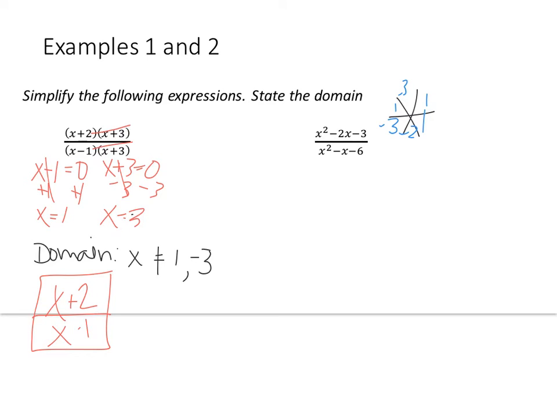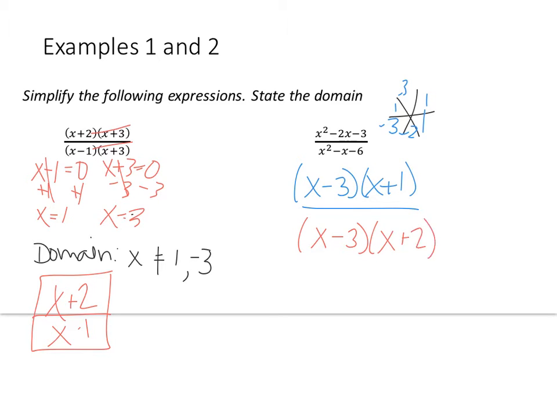So on the top, that's going to factor out to be x minus 3 and x plus 1. On the bottom, if I do the star method, I would get x minus 3 and x plus 2. Those are my two numbers that would multiply to negative 6 but add to negative 1.